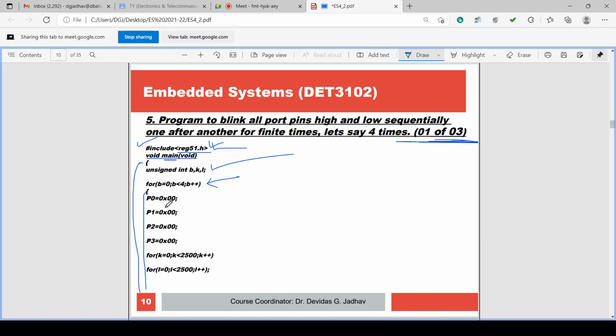The fifth time, it will not execute. So only b equal to 0, 1, 2, 3 execute; b equal to 4, when it will become, its time is fifth, it will not execute. 4 times it will execute. In this way, the logic can be verified also.